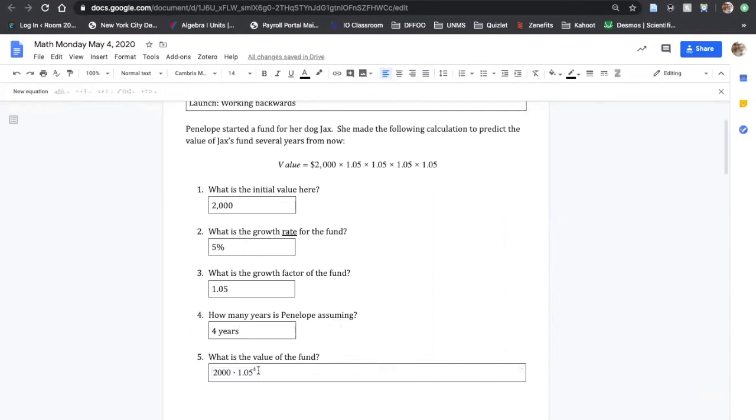Then we take out our calculator, we multiply 1.05 to the 4th times 2,000. Bear with me for a second while I do that. And you get, if you don't make a mistake, $2,431.01. So let me write that out.